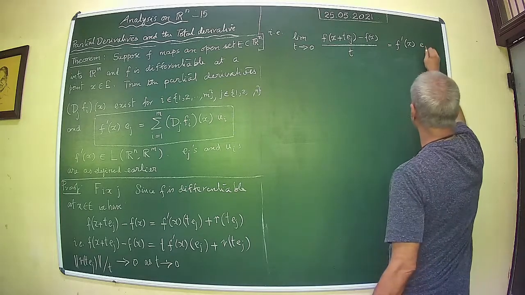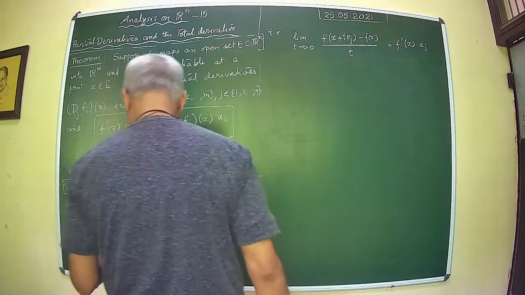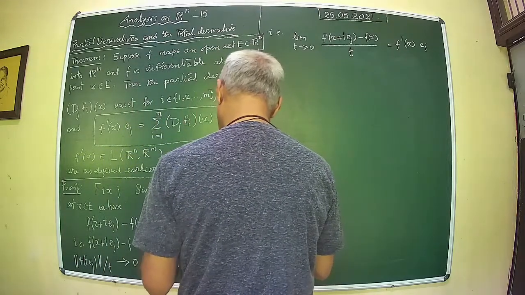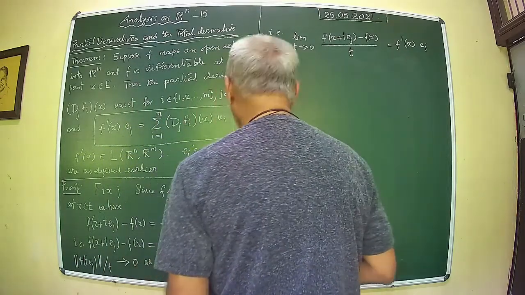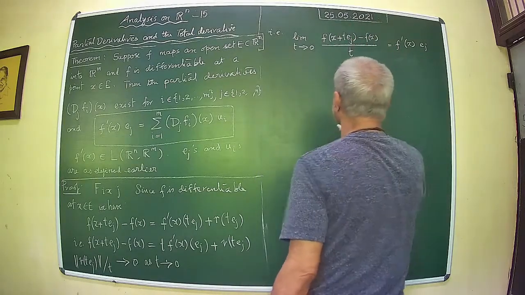f derivative of x acting over e_j. And you see that this is essentially this limit.